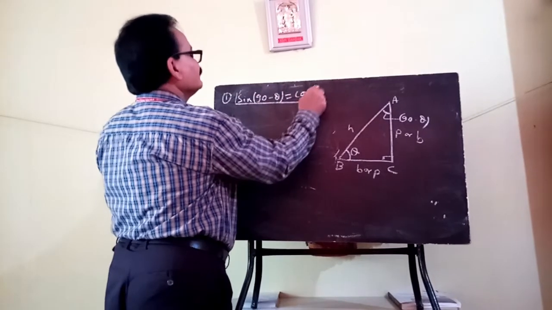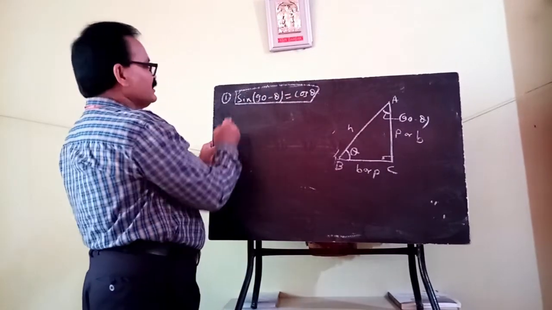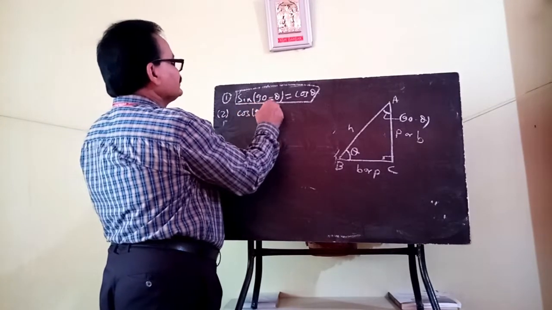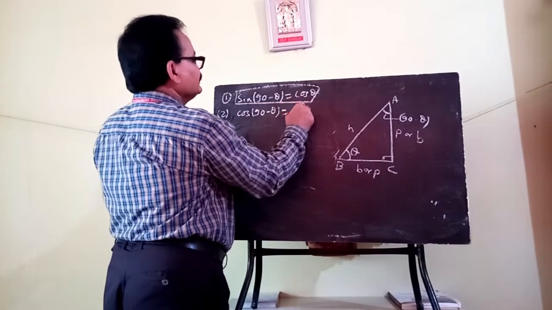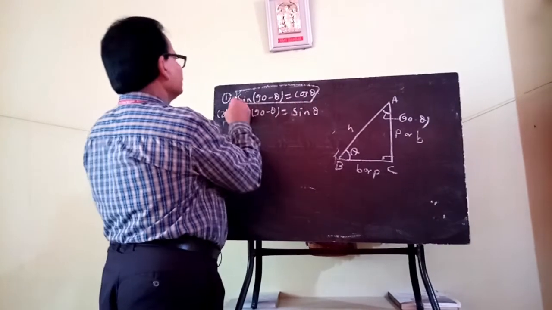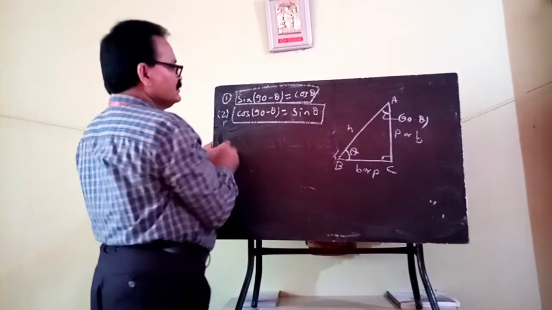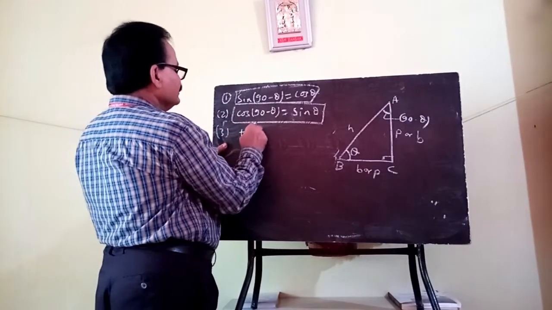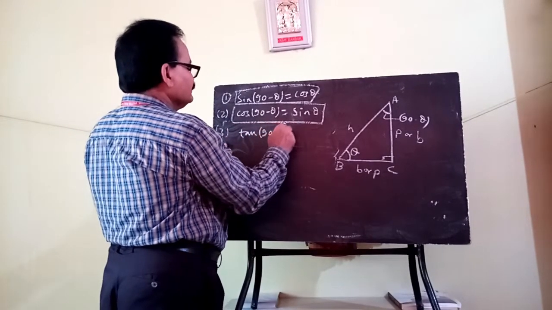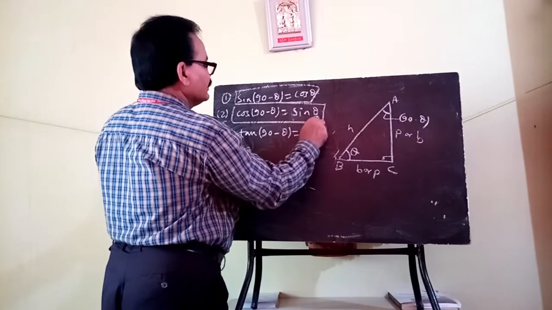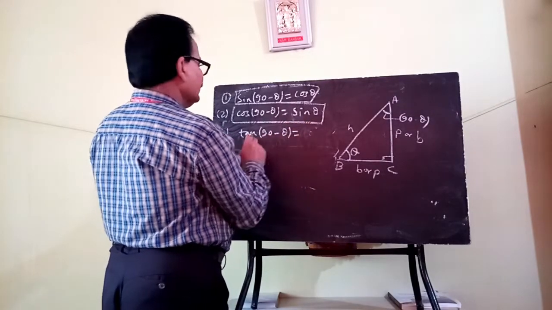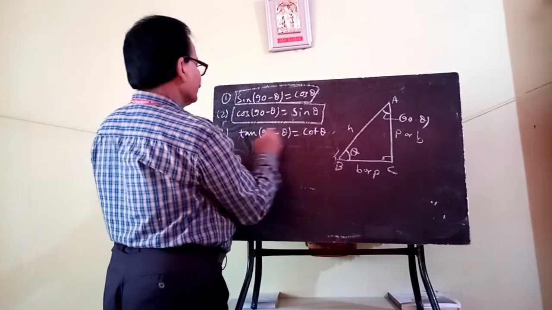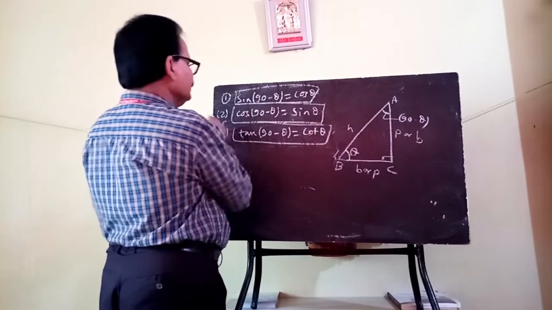This is your relation 1, complementary relation. Cos 90 minus theta is your sin theta. This is your second complementary relation. Third one is tan 90 minus theta is your cot theta. This is your third relation.